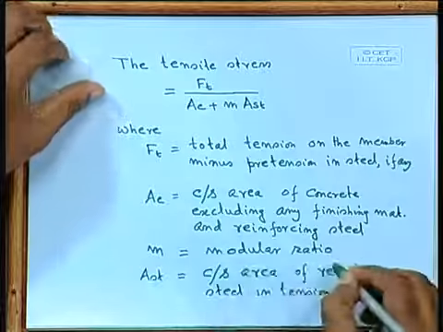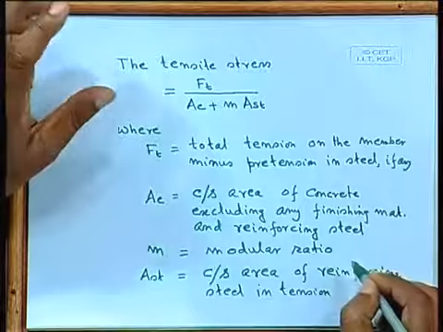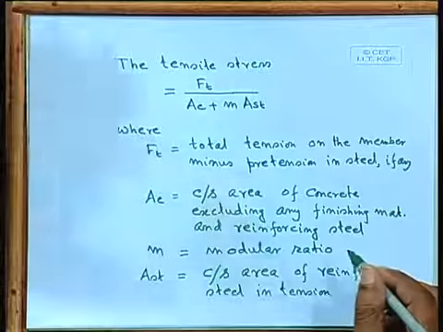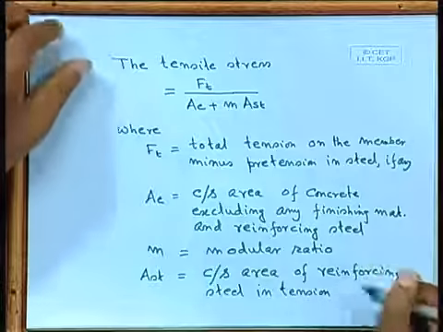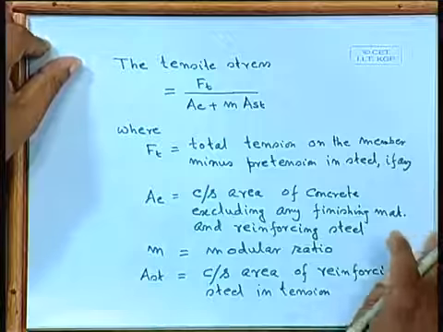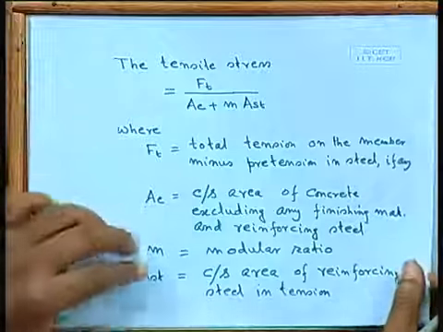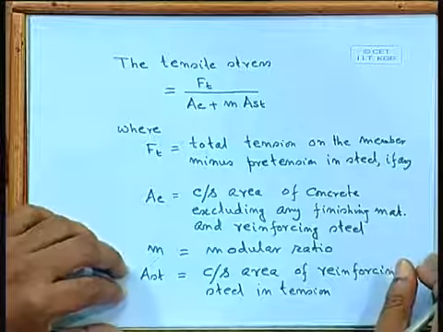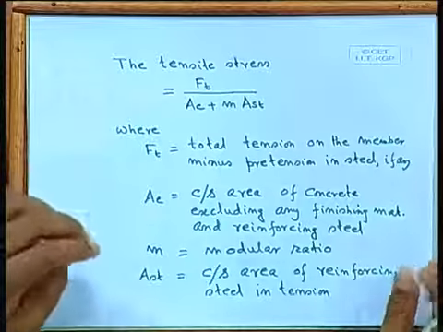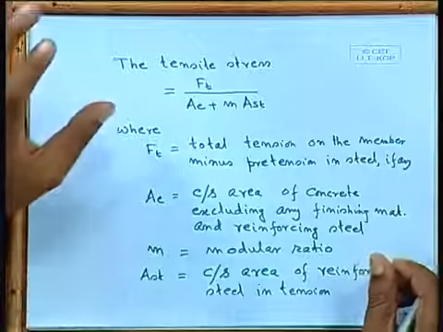m is the modular ratio, Es by Ec, you can say, but our code does not take that ratio; it takes a different formula that we are coming to next. And AST is the cross sectional area of reinforcing steel in tension, of all the bars. Yes, all the bars; we always consider it that way.